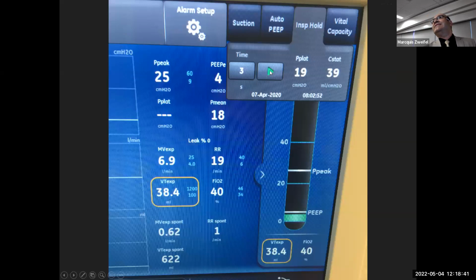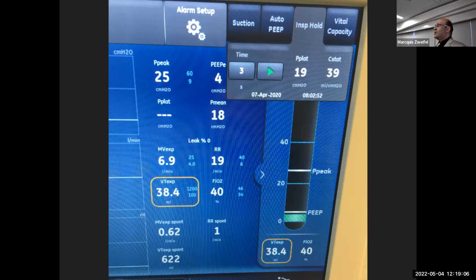You'll see this arrow. You click this arrow, and in a few seconds, it will measure the plateau pressure for you. And here the patient had a peak pressure of 25 and plateau is 19. If your patient has a peak pressure less than 30, you don't have to measure the plateau pressure, because definitely the plateau pressure will be less than 30, unless you want to calculate your compliance.